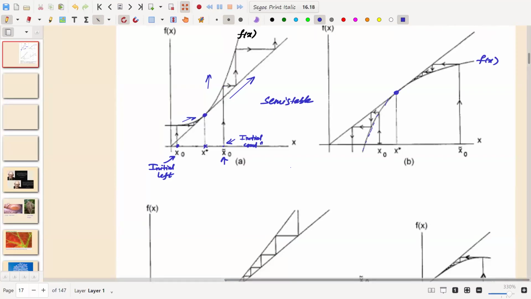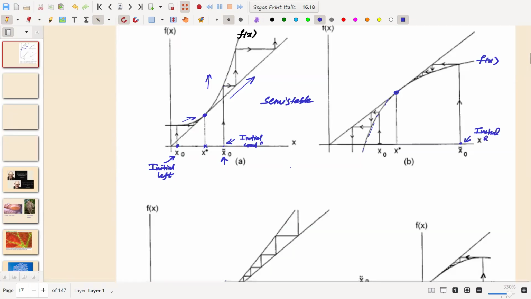Now if you take an initial condition on the right hand side, then it is coming towards the fixed point. You can see the iterates are coming like this towards the fixed point.